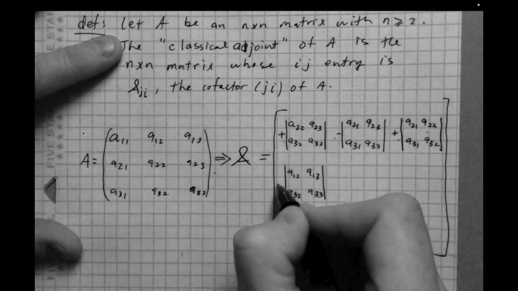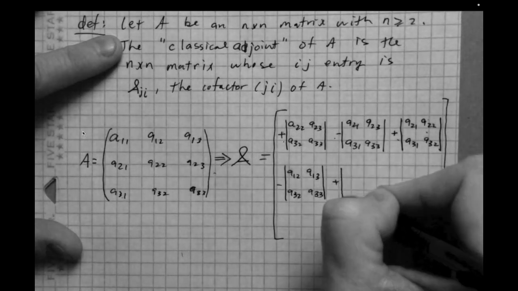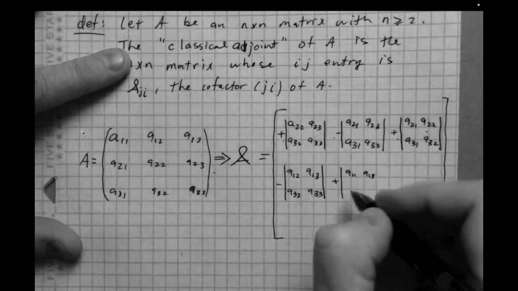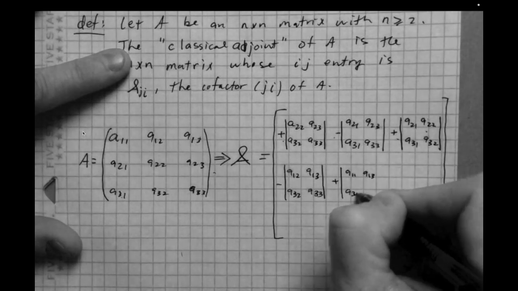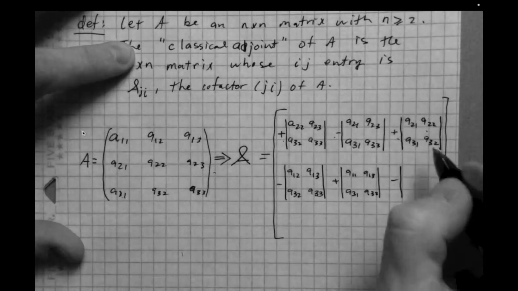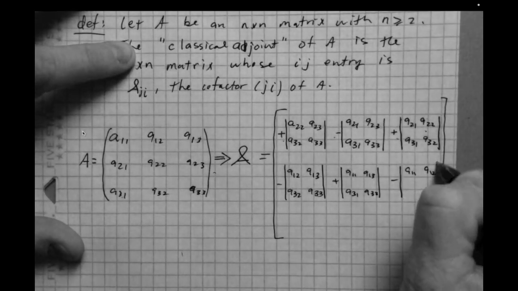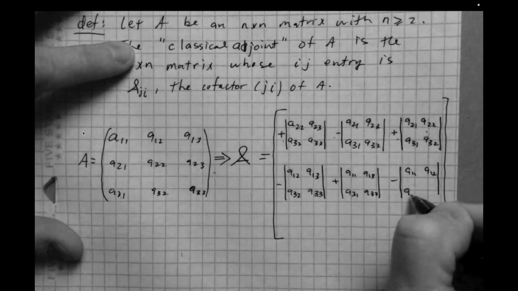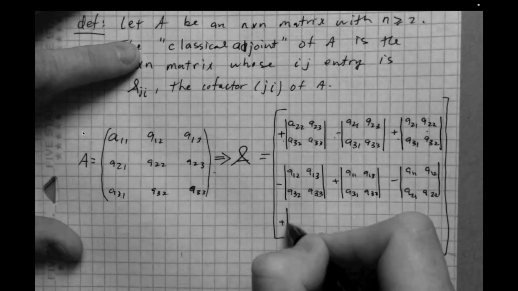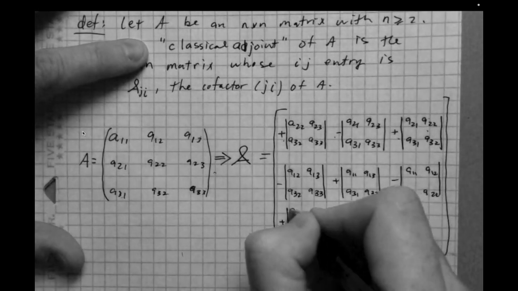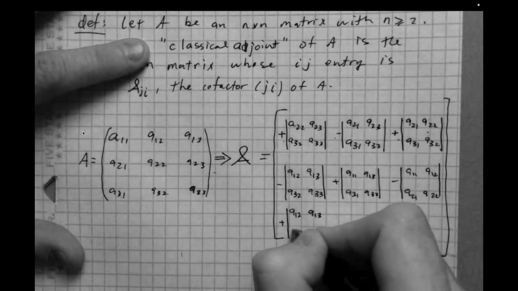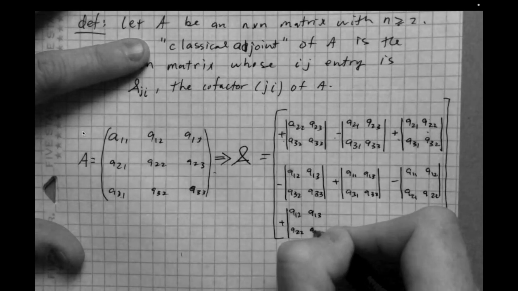Okay, and in this one, this would be the 2, 1, so that's a negative. Then this one will be positive, and it'll be 1, 1, 1, 3, 3, 1, 3, 3. And then this one is negative again: 1, 1, 1, 2, 2, 1, 2, 2. Okay, and then finally down here for the last row, you'll have A12, A13, A22, A23.